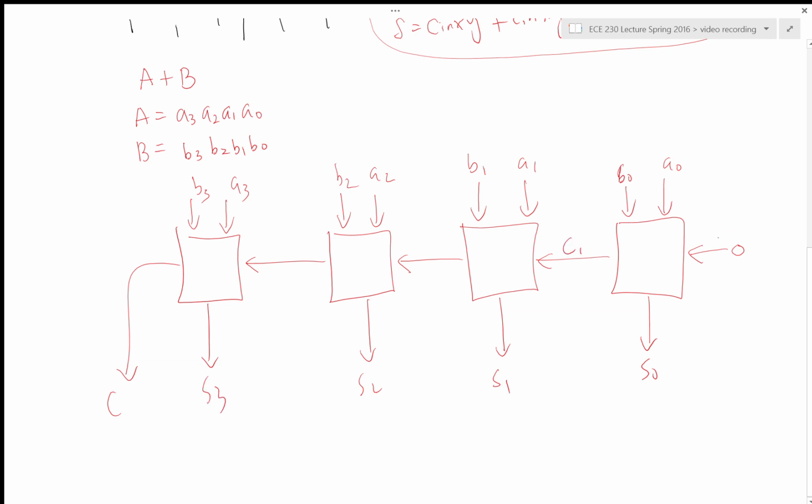So this is C0 equal to 0, C2, C3, and C4. Each one is a full adder. So this is how you can use a basic component, a 1-bit full adder that we built, and put together a 4-bit adder.